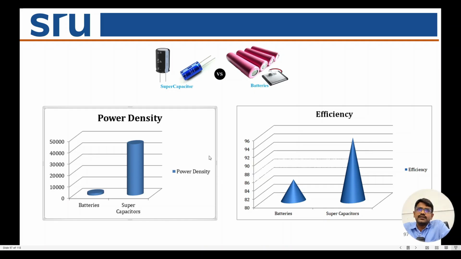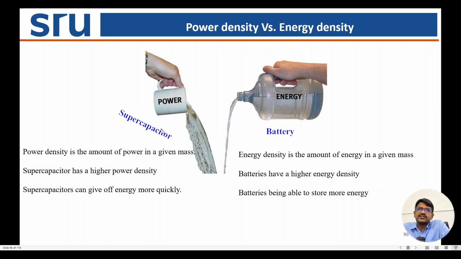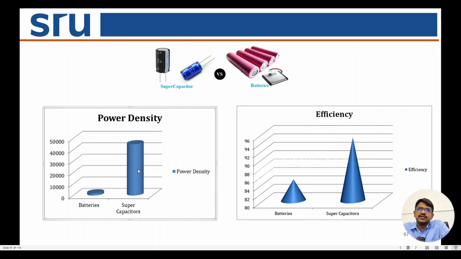In the previous slide, we have seen supercapacitors provide more power density, right? Supercapacitors have higher power density. But what about the batteries' power density?